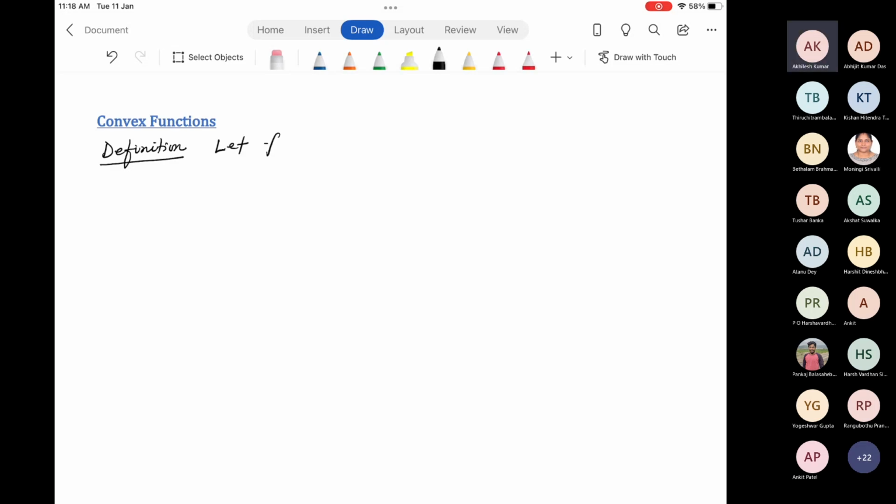Let a function f be defined from S to E1 or R1, whatever you say, where S is a non-empty convex set in En.